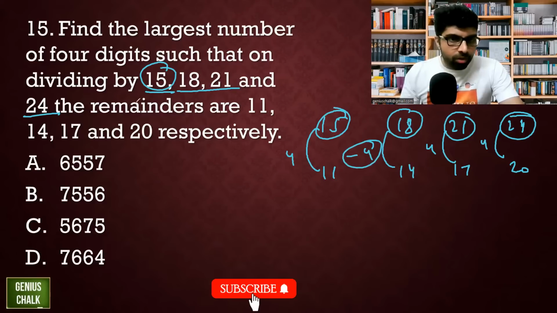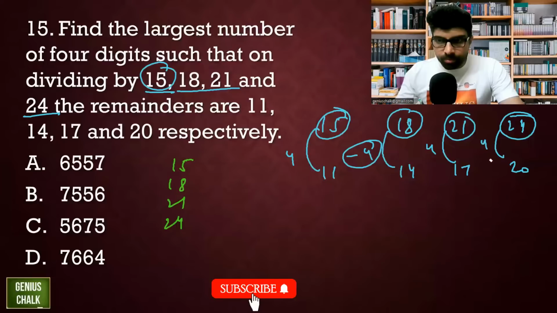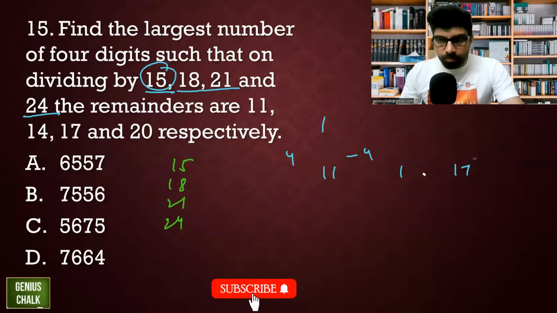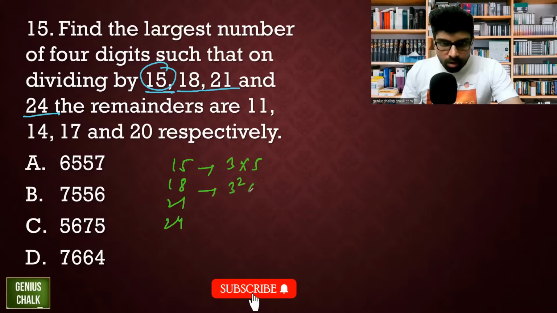Now let's find the LCM first. Largest number of 4 digits, then we will divide it by the LCM. So what is the LCM of 15, 18, 21, 24? Remember, we have to subtract 4 later. 15 is 3 into 5, 18 is 3 square into 2, 21 is 3 into 7, 24 is 2 cube into 3.